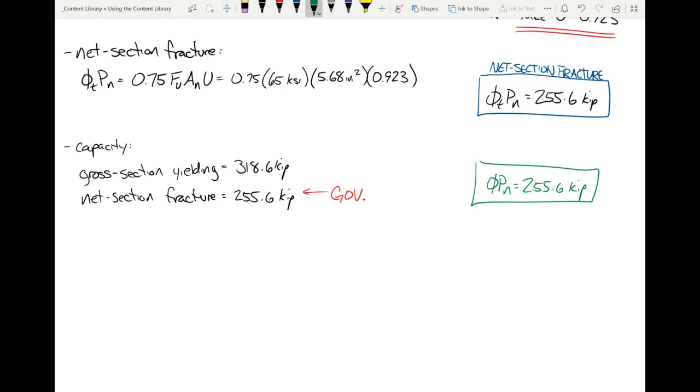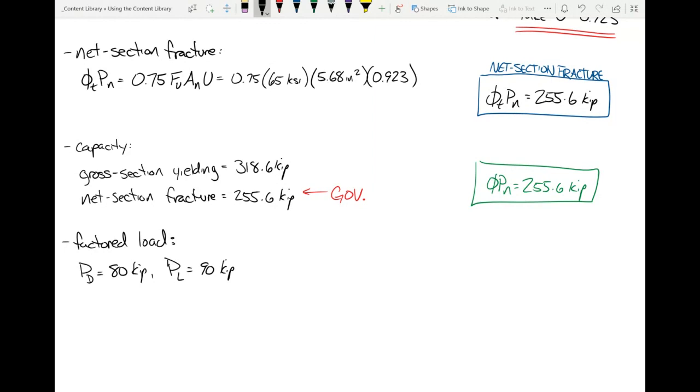Now I want to look at the load side, the factored loads. If you remember, this section was subjected to a dead load of 80 kips and a live load of 90 kips. This is how much we're actually placing on the section.